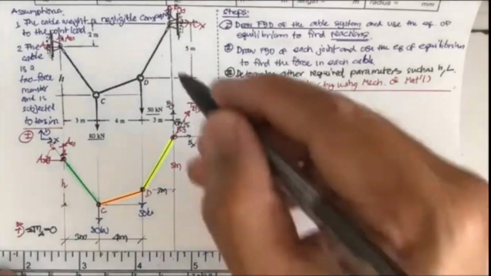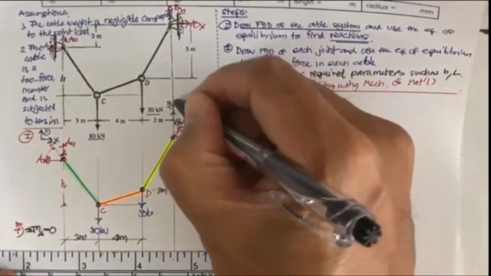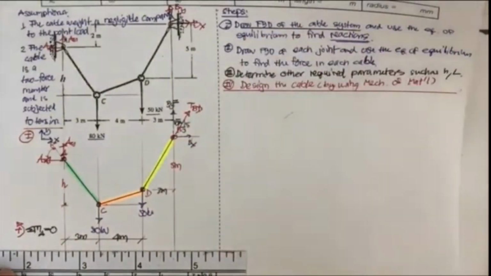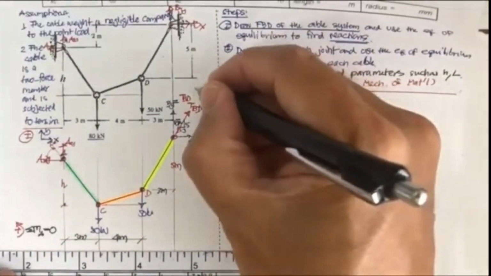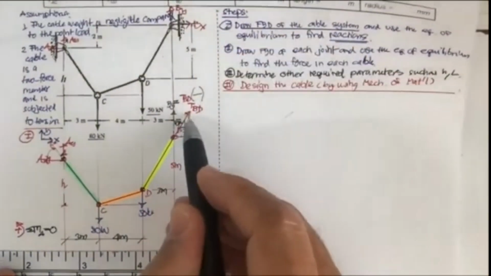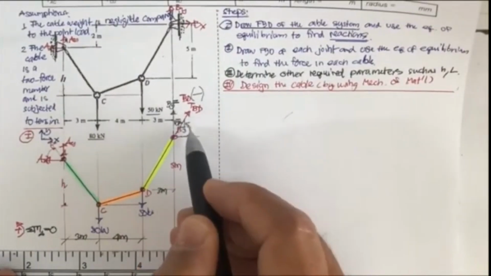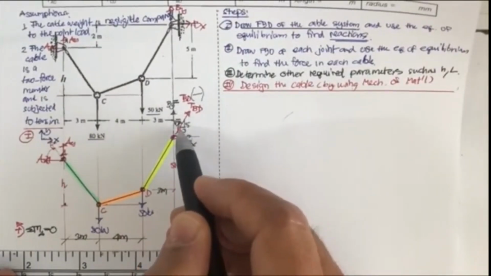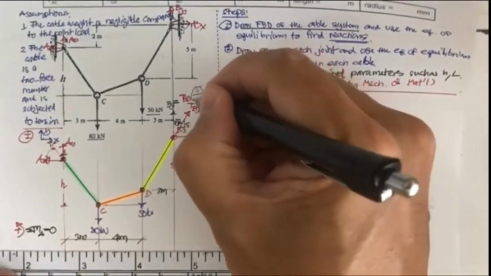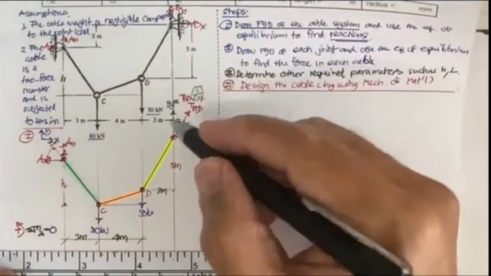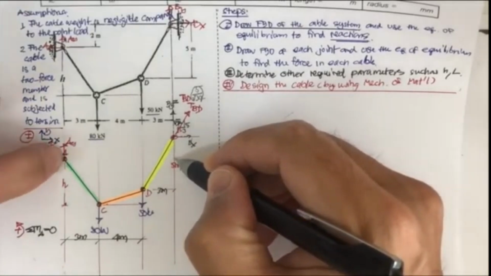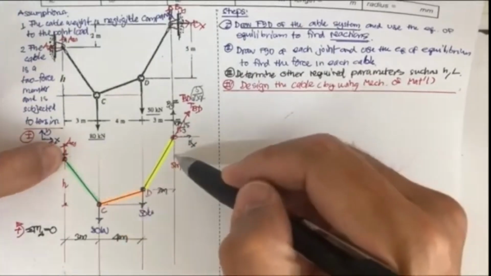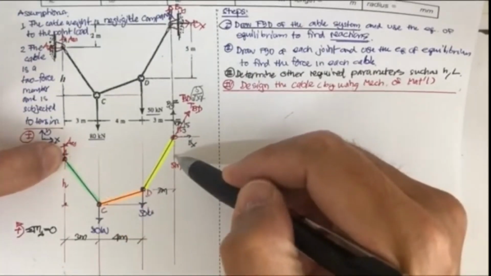If you project T sub BD onto the vertical, it's going to have 5 divided by square root 34. The line of action of this is going to be here, and it's 10 meter from point A.